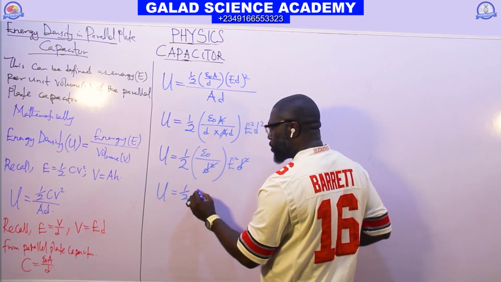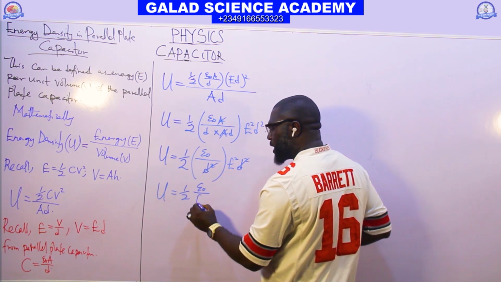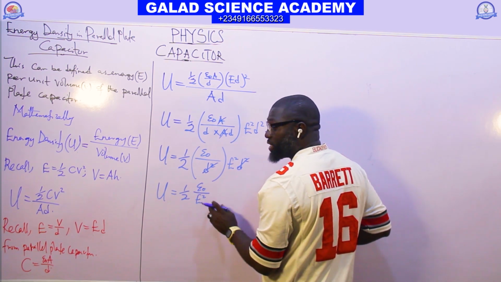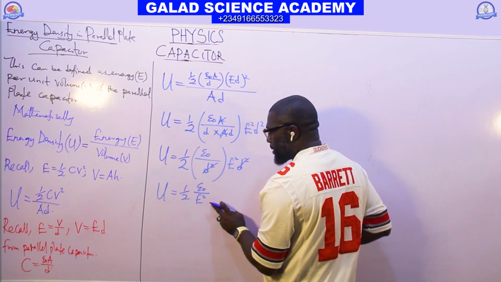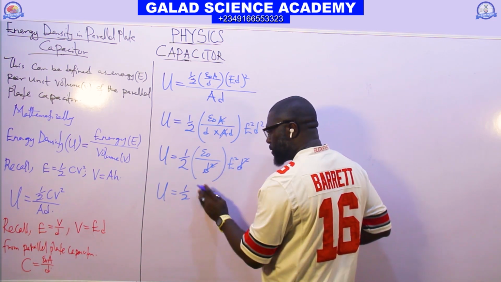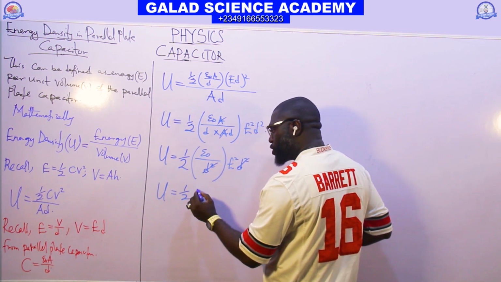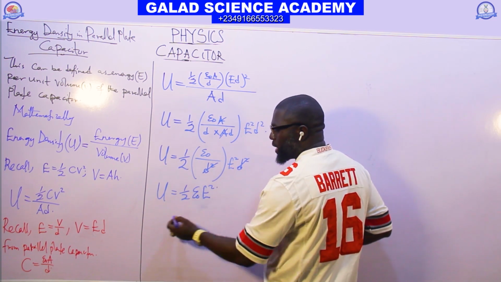1 over 2 epsilon naught, no sorry, this will be times electric field intensity squared, E square.